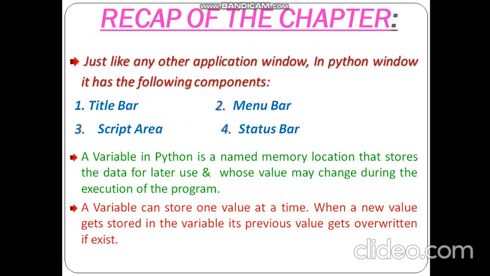A variable in Python is a named memory location that stores the data for later use and whose value may change during the entire execution of the program. A variable can store one value at a time. When a new value gets stored in the variable, its previous value gets overwritten if it exists.